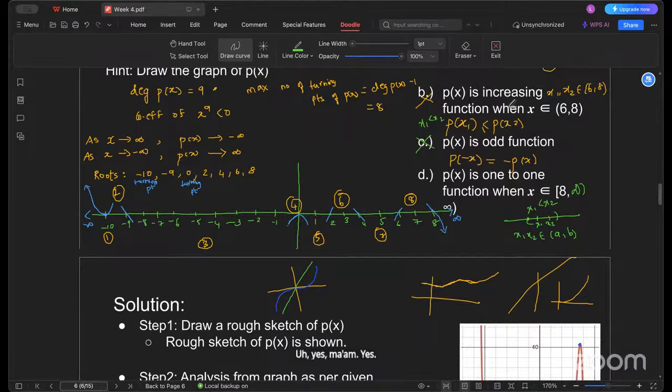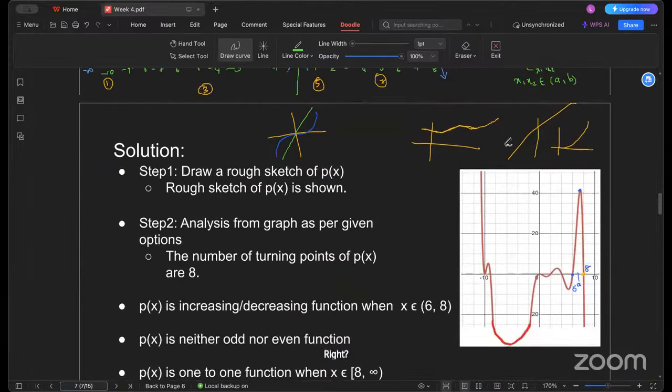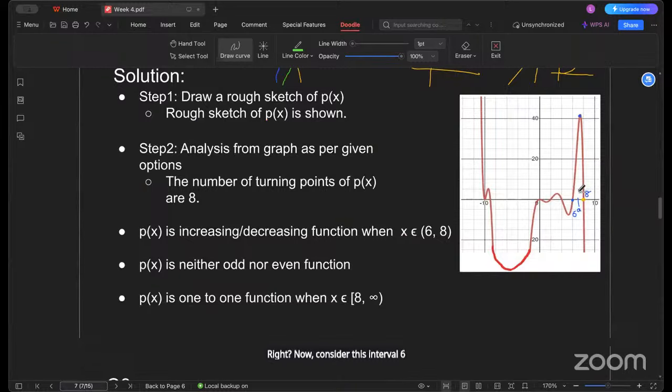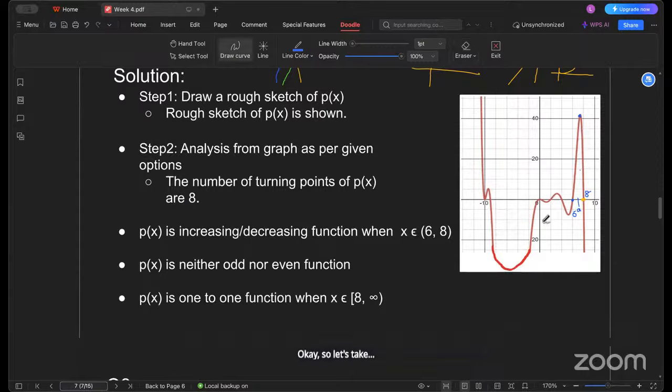See here, this is the definition first of all we have said, right? Now consider this interval 6 to 8. Now take some point here. Let's call this point our x1. Or maybe even this a is your x1, let's say. And somewhere here is your x2.